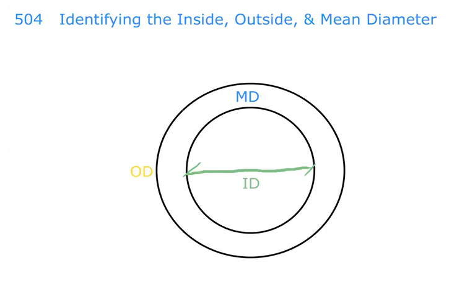Now, the outside diameter, guess what that is? You would be correct in thinking it is just the diameter from edge to edge to the outsides of the cylinder, right? The out to out. If you use the outside diameter circumference, that is the distance around that cylinder, that's going to give you things like surface area.